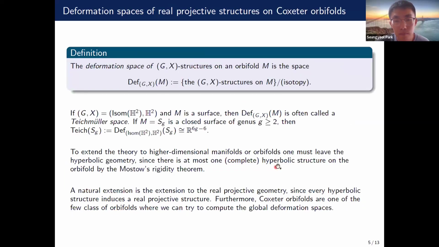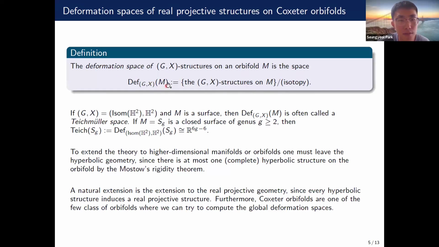In general, for manifolds or orbifolds, and for the choice of geometric structures, we can think of the deformation space of GX structures on the orbifold M. Basically, the deformation space means the space of all the possible GX structures on M, modulo the reasonable relation called isotopy. That quotient space is called the deformation space.